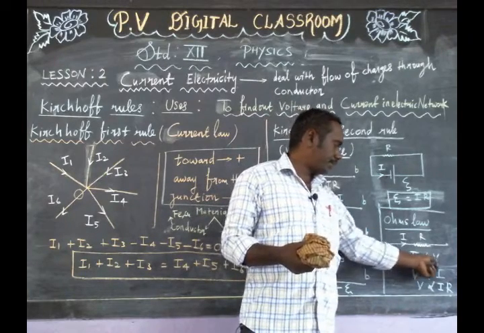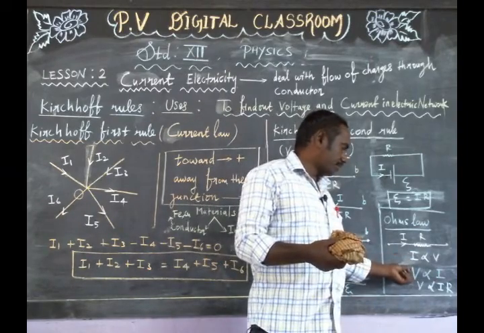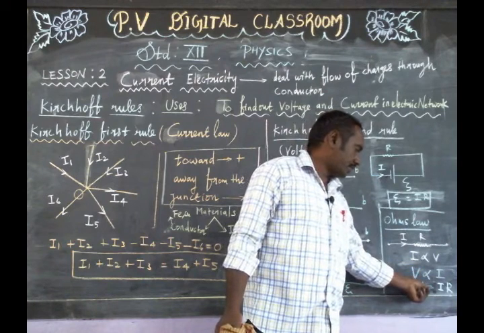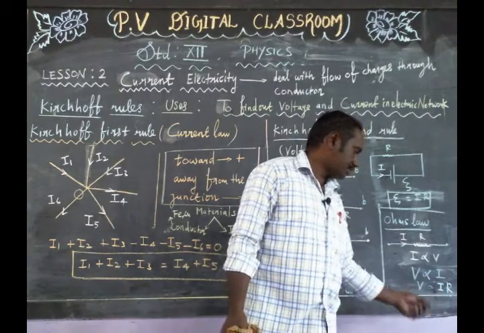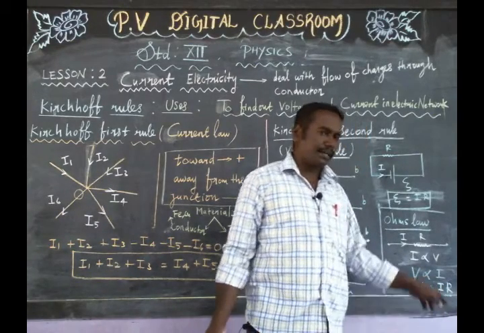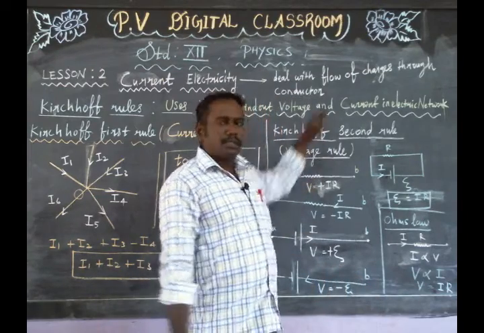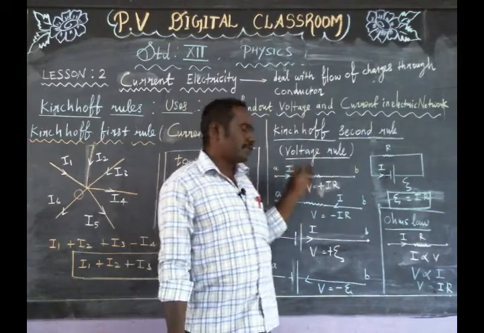I means current, V means potential difference. I is directly proportional to V. If directly proportional, we get one constant value, R, which means resistance, a constant. So V is equal to IR. This is Ohm's law. Ohm's law is only used for simple circuits to find the current and the voltage.